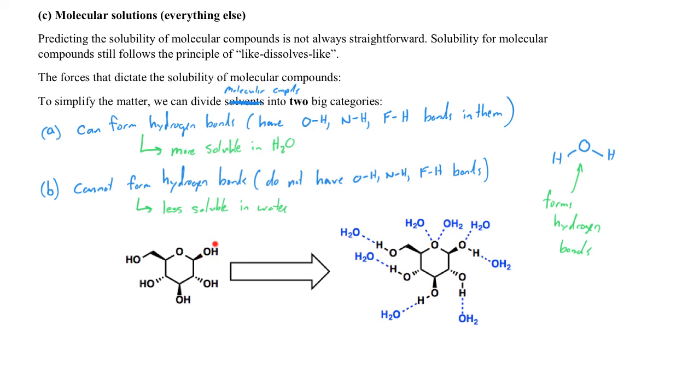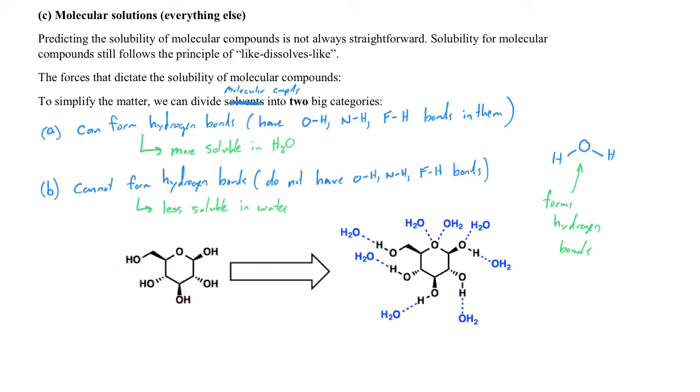So we have hydrogen bonding that can form here, here, here, here, and here. We can also form hydrogen bonds at this position to water because we have a delta negative oxygen that can be attracted to the delta positive on water. So we can form many different hydrogen bonds on glucose, and glucose readily dissolves in water.